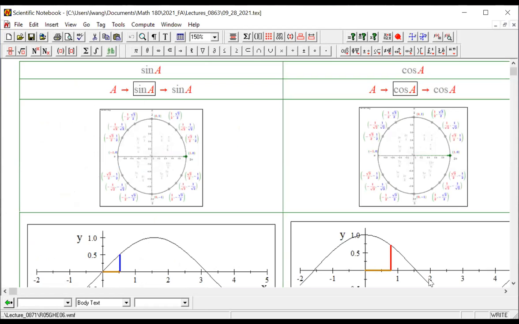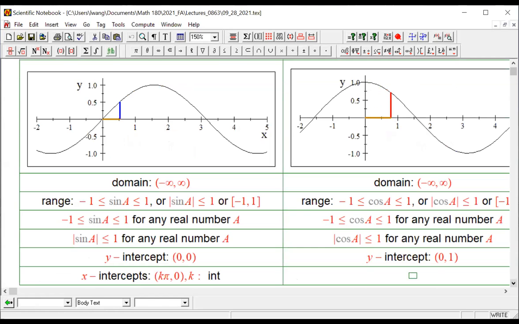So how about the y-intercept? This is the y-intercept. How about x-intercepts? How many do we have? Well, this is only part of the cosine curve.